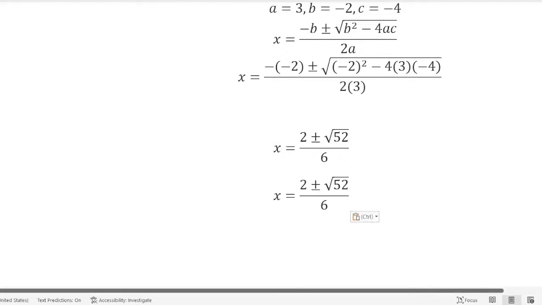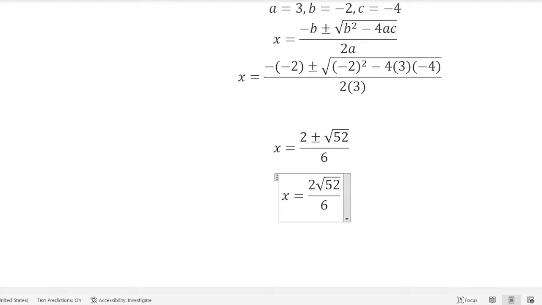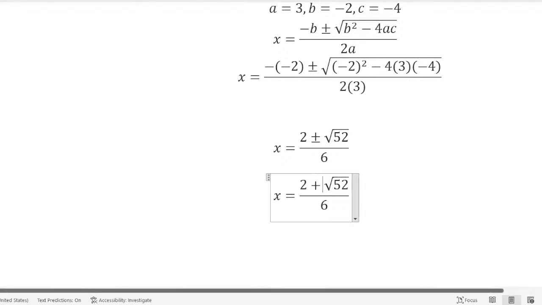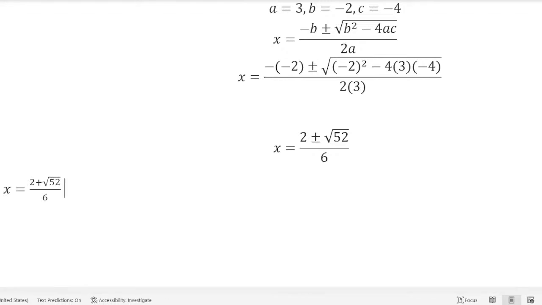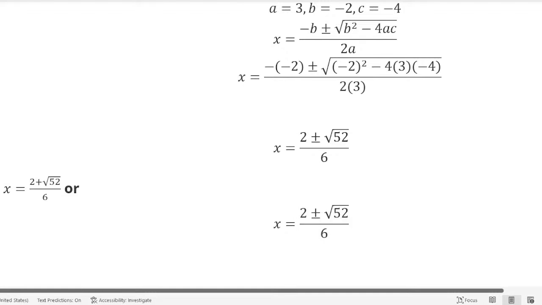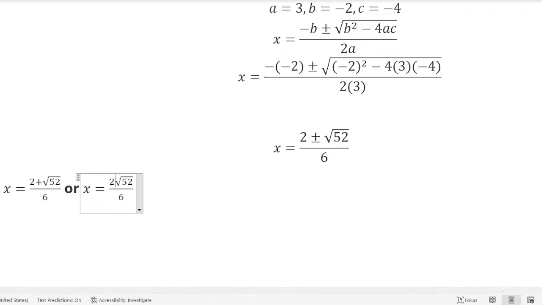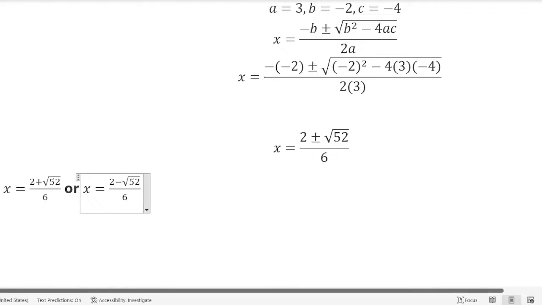So x is equal to 2 plus root of 52 all over 6, or x is equal to 2 minus root of 52 all over 6.